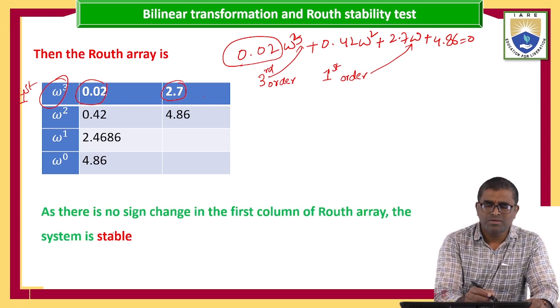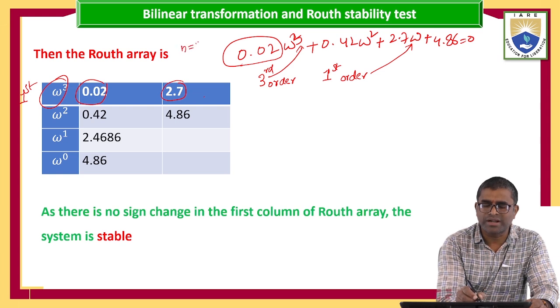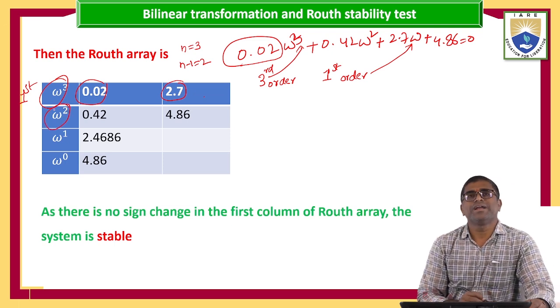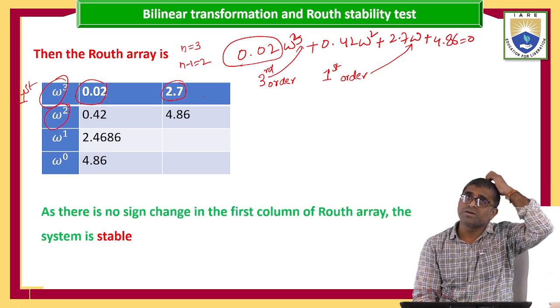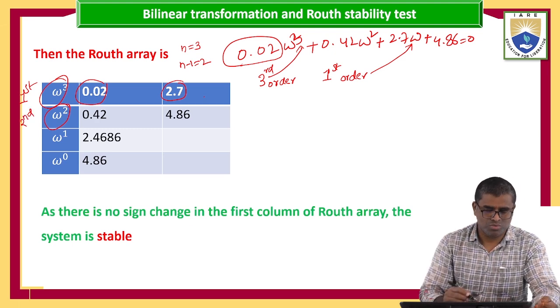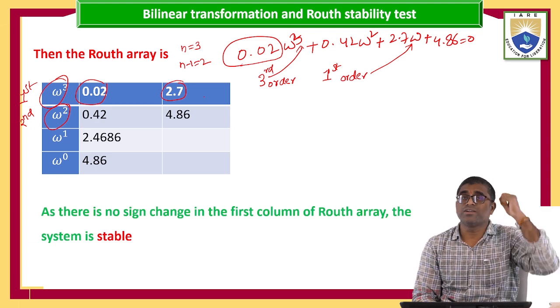After that, below that one we have to mention n minus 1. Here n equals 3, so n minus 1 is nothing but 2. So write the omega square term. That is the second row. So it is the second row, no?